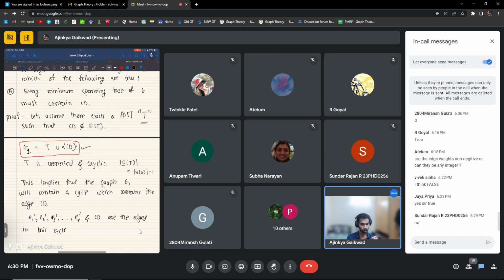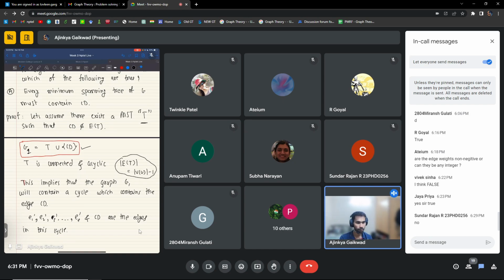It is the graph T, which is a tree, with one more edge added. T is connected and acyclic and contains all the vertices of my graph G. So the number of edges in T is exactly V of G minus 1. This is a property of a spanning tree, and since I have assumed T is a minimum spanning tree, this property should be true.